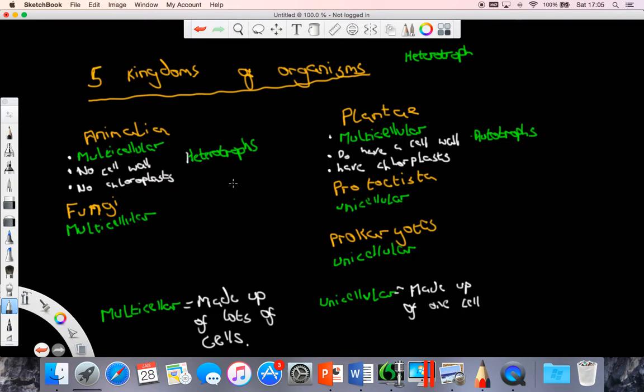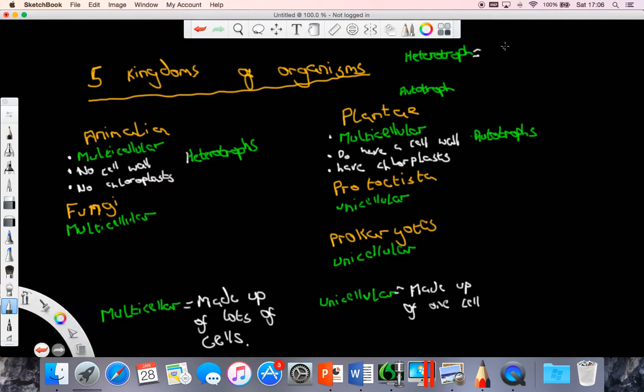Think of heterosexual. If someone is heterosexual, they like someone of the opposite sex, someone of a different sex. So if you are a heterotroph, you eat other animals. Okay? Whereas if you are an autotroph, you eat automatically. And the only organisms that do that are plants because they do photosynthesis.